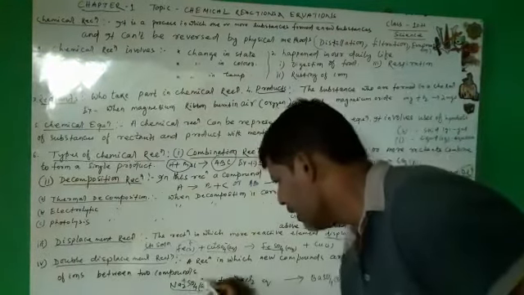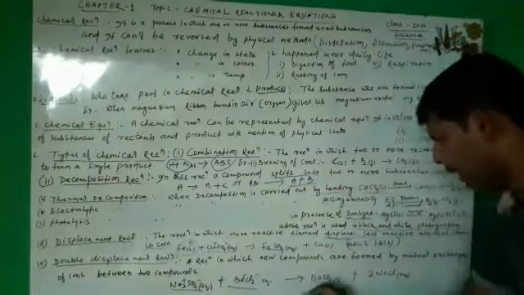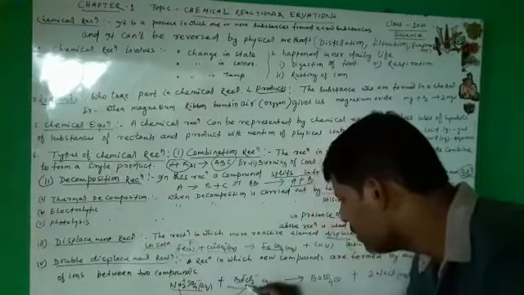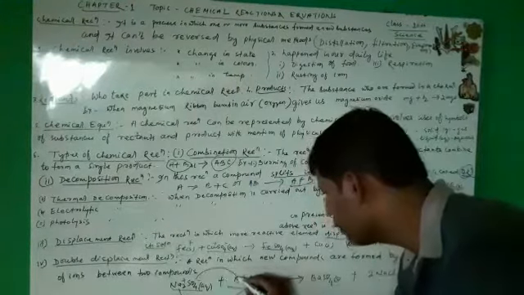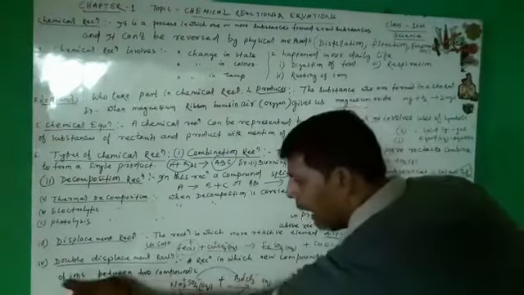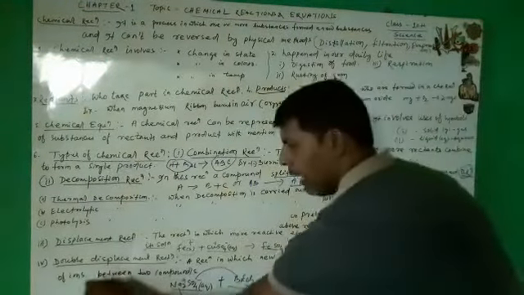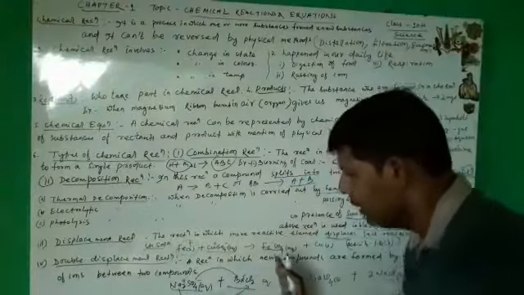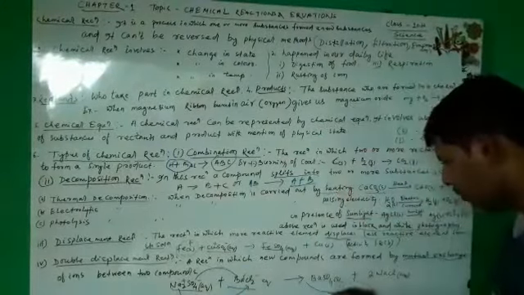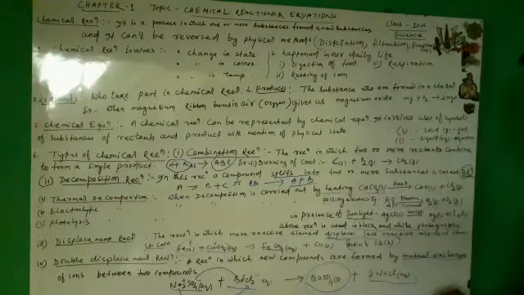Na2 is plus, SO4 is minus, Ba is plus, Cl2 is minus. Na2 changes to Cl2, and SO4 comes with barium. That is the mutual exchange of ions between two compounds. It gives us barium sulfate plus 2NaCl, sodium chloride, aqueous solution.